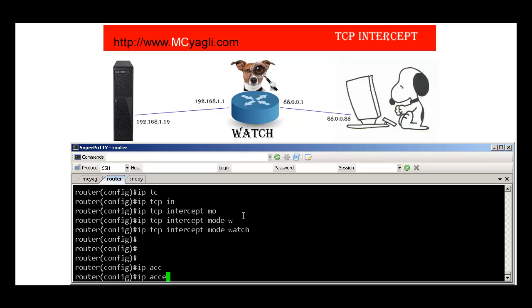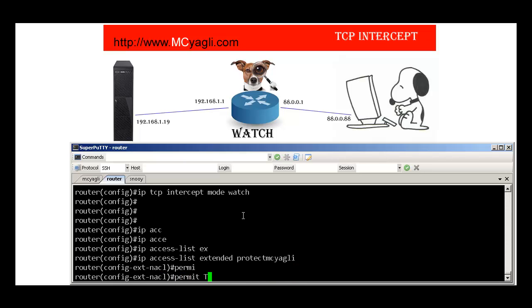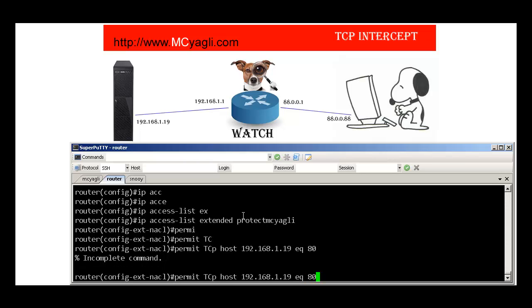ip access-list extended protect-mc-yagli, and permit tcp any host 192.168.1.19 eq 80. What is it?